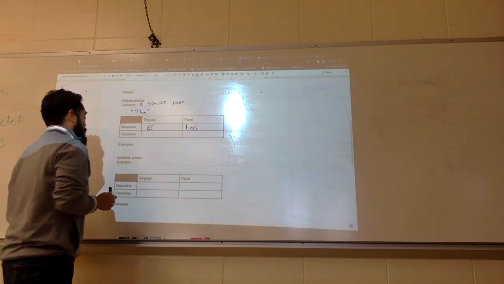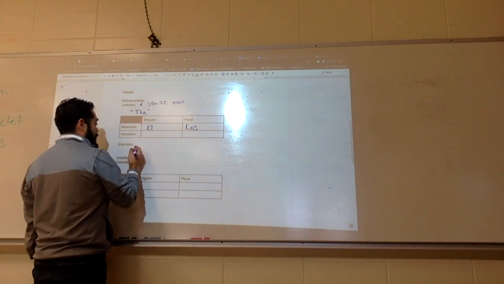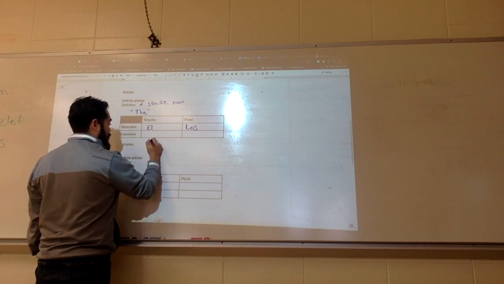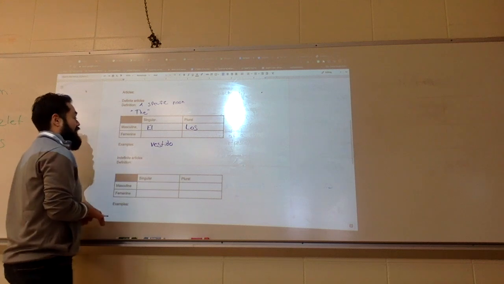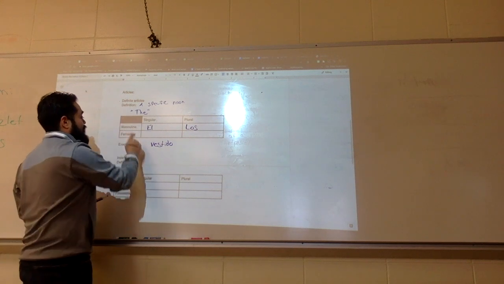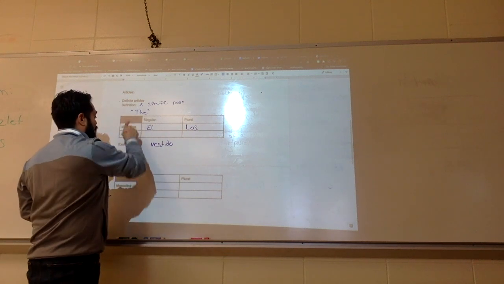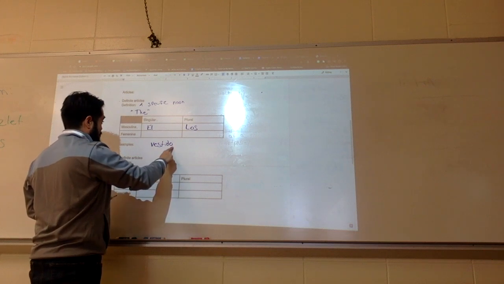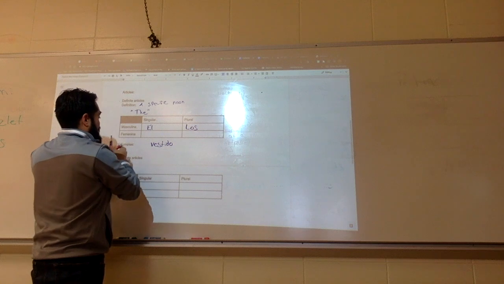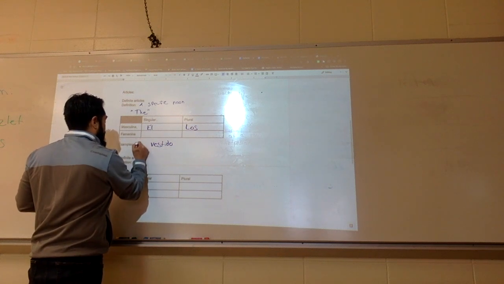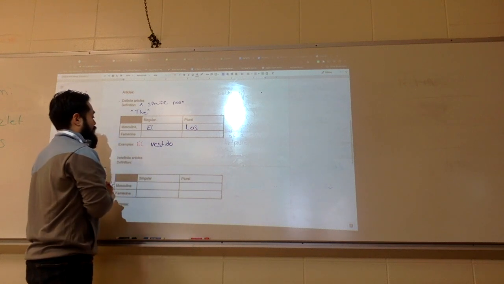So, for example, again, we're going to stick with vestido. Vestido's dress. If I want to say the dress and be specific, vestido ends in an O. That means it's masculine. There's no S. That means it's singular. I'm going to say el vestido.